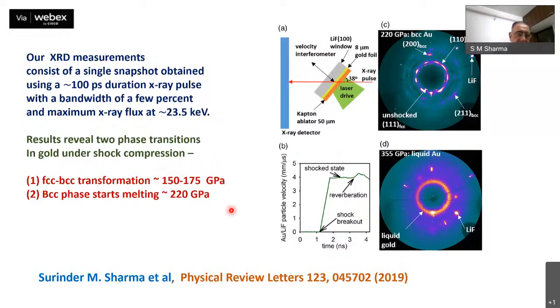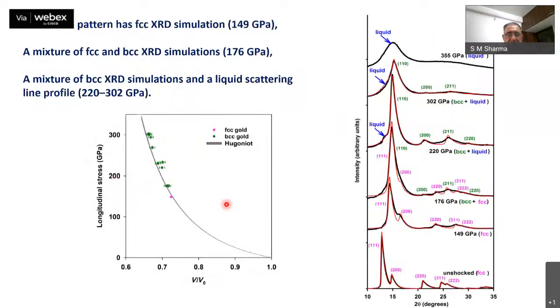And that BCC phase starts melting at a still higher pressure of 220 GPa. So this was a very, very unusual result. The continuum Hugoniot was much in agreement with what was deduced by XRD.